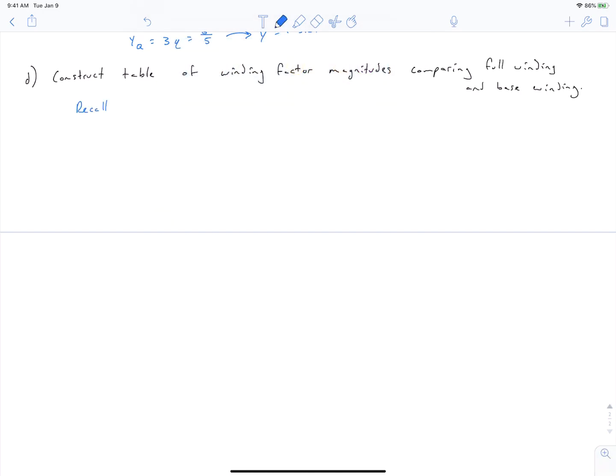We calculate the pitch factor and distribution factor based on these expressions here, where alpha i is the location of each coil side in the top layer belonging to a phase winding. We'll evaluate these expressions for both the full winding and the base winding.